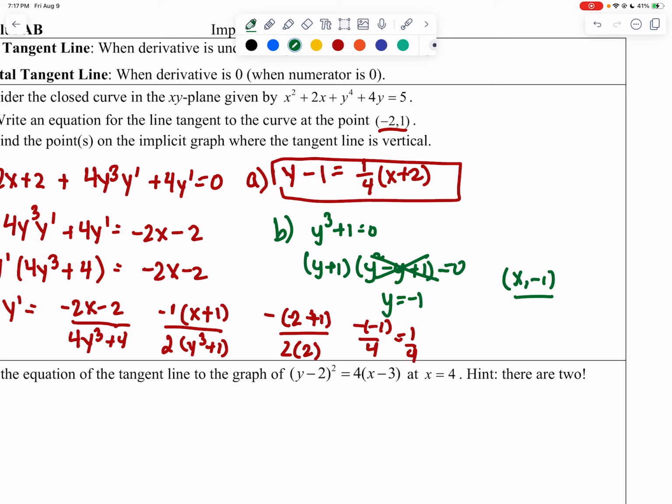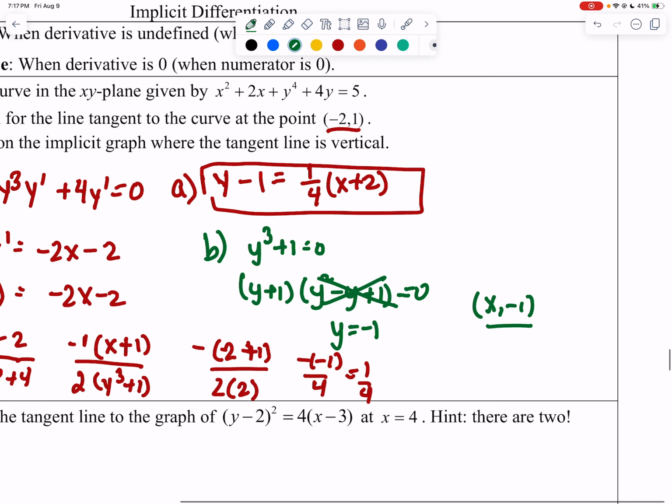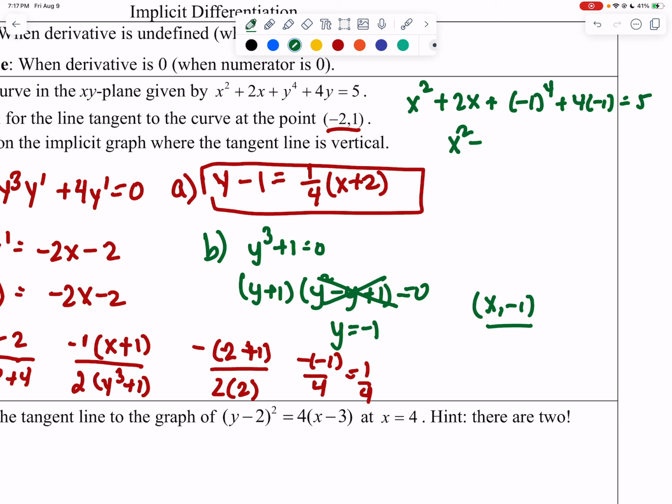Well, to find my x value, we are going to plug in -1 into my implicit function and then see where that gives us. So x squared plus 2x plus (-1) to the fourth plus 4(-1) is equal to 5. x squared plus 2x plus 1 minus 4 is equal to 5. 1 minus 4 is -3. And then I'm going to move the 5 over so that this is technically -8.